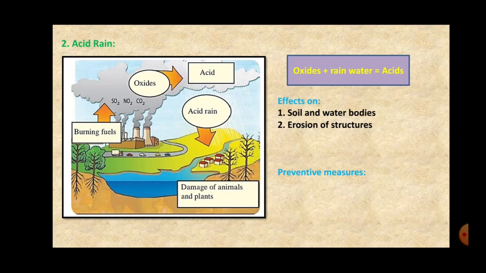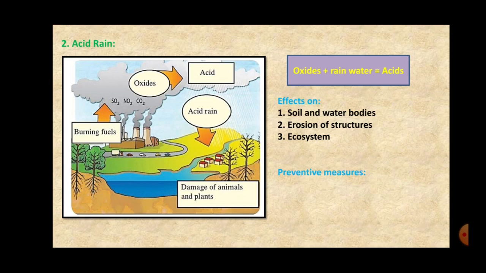You know, the buildings which have metals or the statues which are made up of metals, the historical monuments, bridges, then metal idols, wire fencing, they all start eroding due to this acid rain, right? Then the third one is the ecosystem. Now the ecosystem is also adversely affected due to this rainwater.